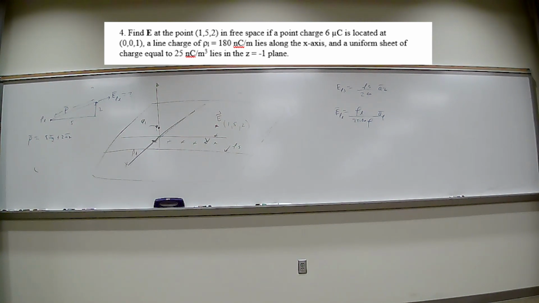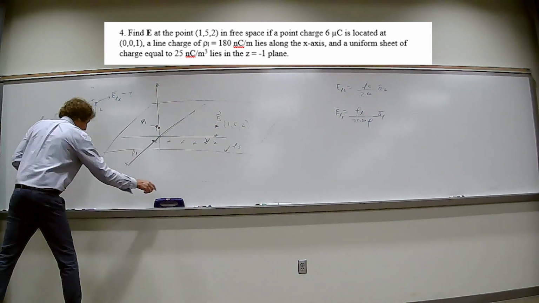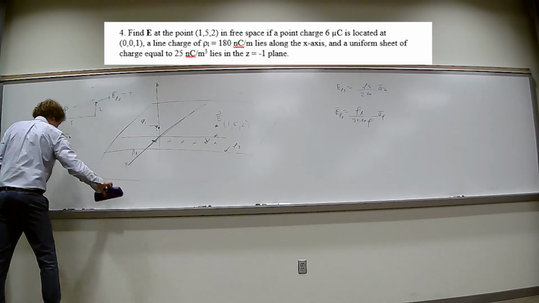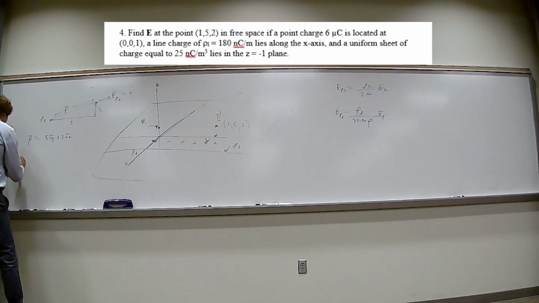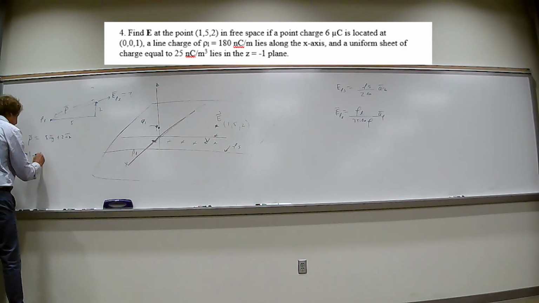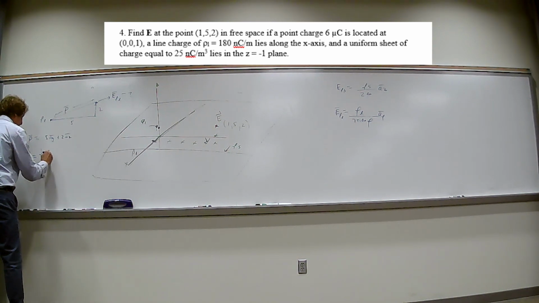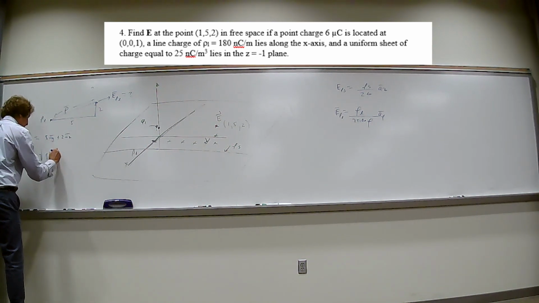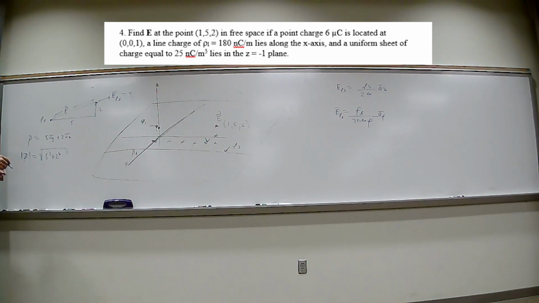Can y'all visualize this? Now, if I have that, next, I need to get the magnitude of rho. And the magnitude of rho here is just going to be the square root of 5 squared plus 2 squared. Y'all agree with that?